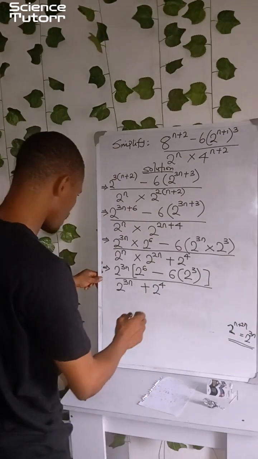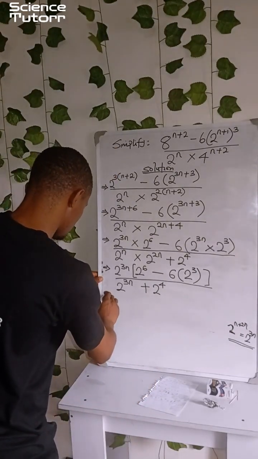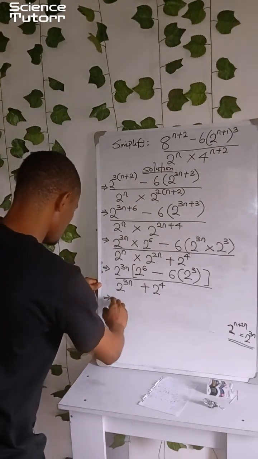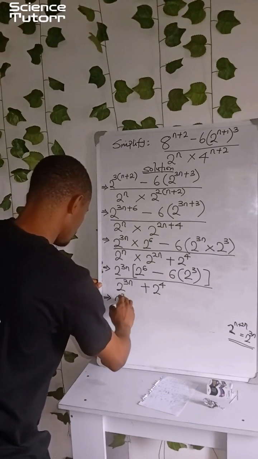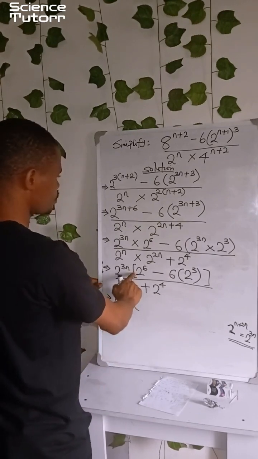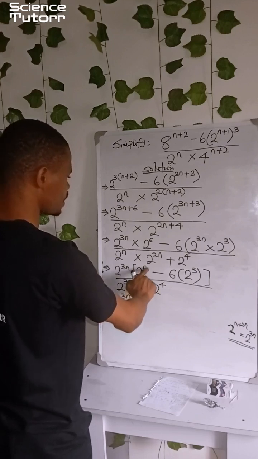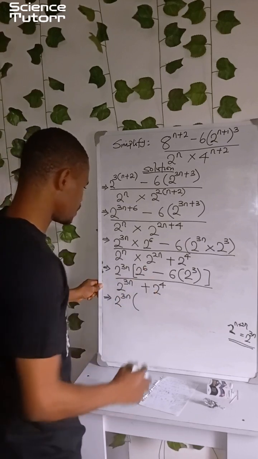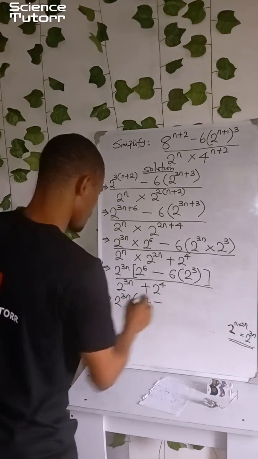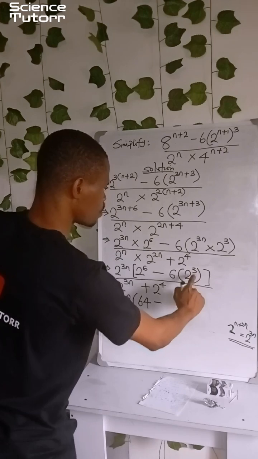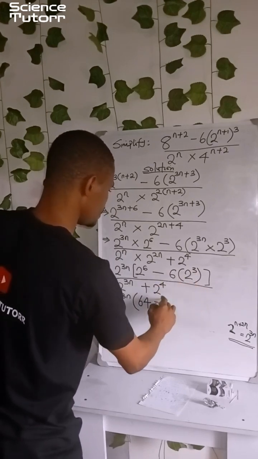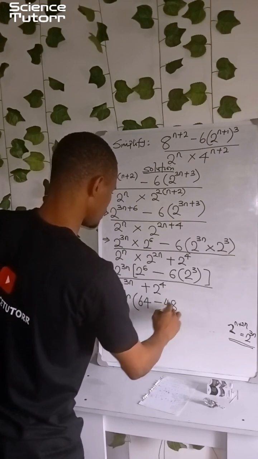So let's simplify further. Next step. We have 2 raised to power 3n in bracket. Now 2 raised to power 6, 2 multiplied 6 times gives us a 64, minus 2 raised to power 3 is 8. 8 times 6 is a 48.